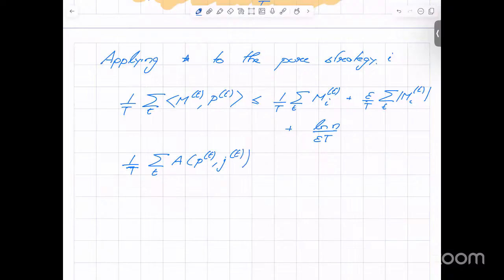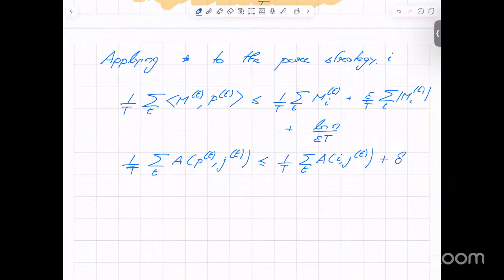That's what this is. What is that? Let's write this down. This is 1 by T summation T A I JT. Is that right? AIJT, and this quantity by our setting of parameters had already turned out to be plus delta.